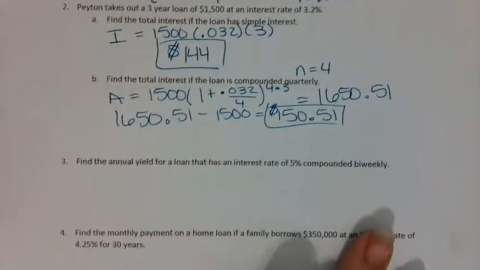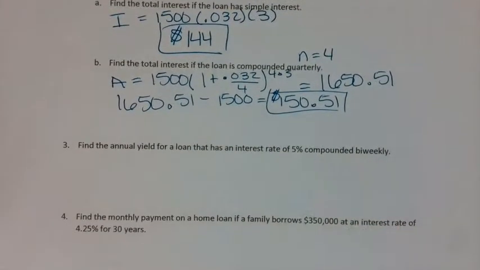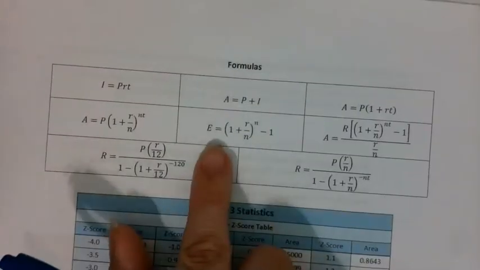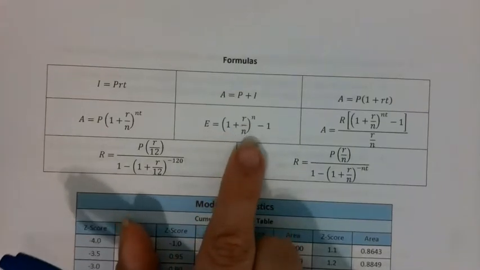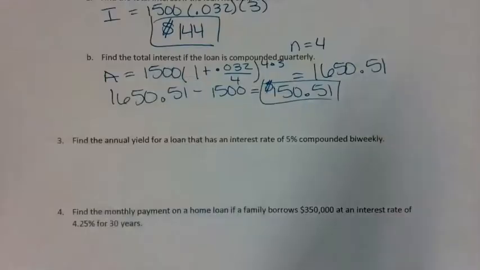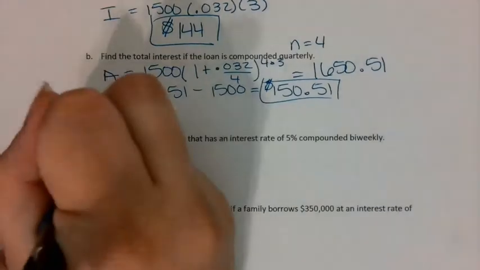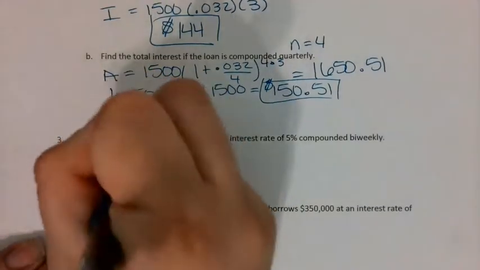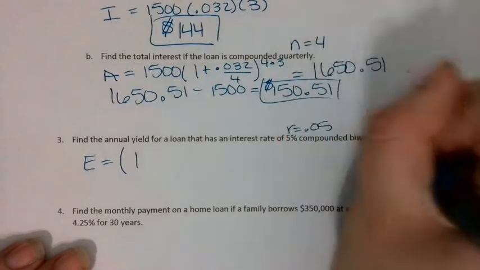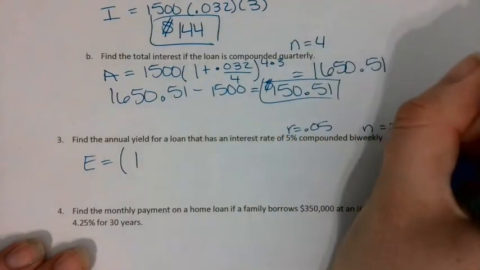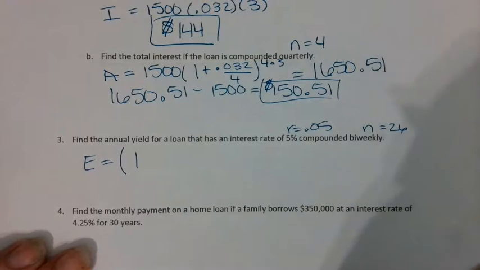Okay. Wants me to find the annual yield. Annual yield is the E formula. E equals 1 plus R over N to the N minus 1. My interest rate is 0.05 and my N is 26. Biweekly is every other week.